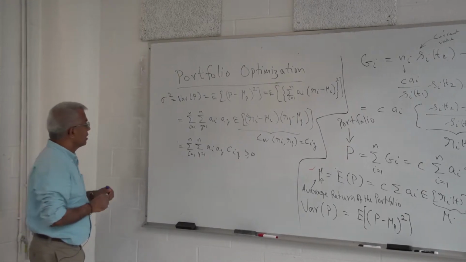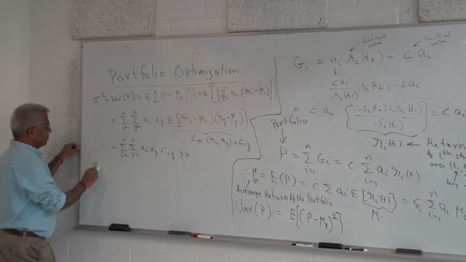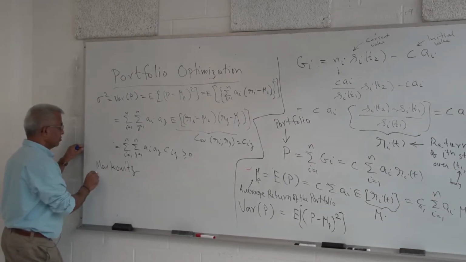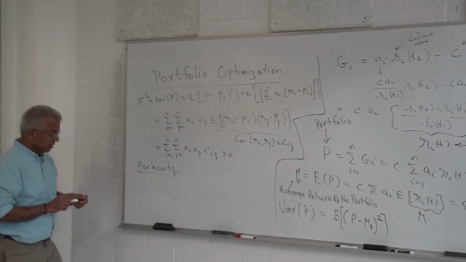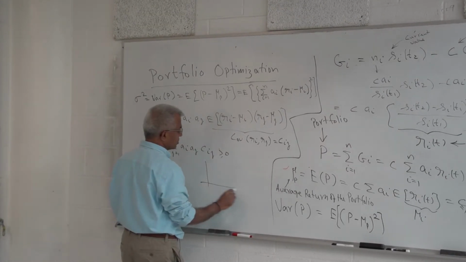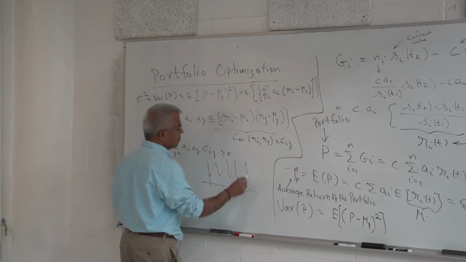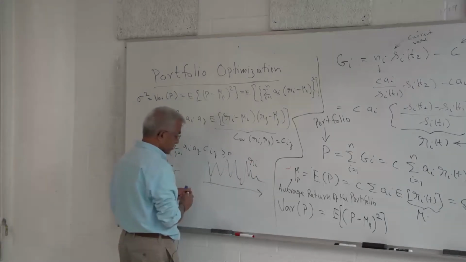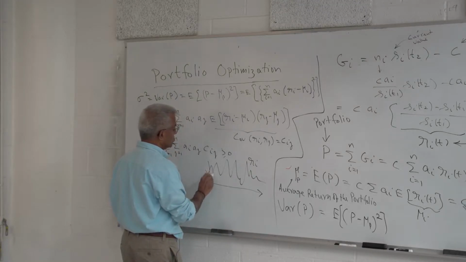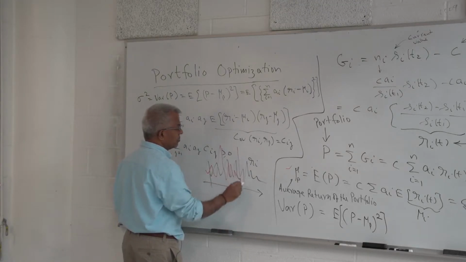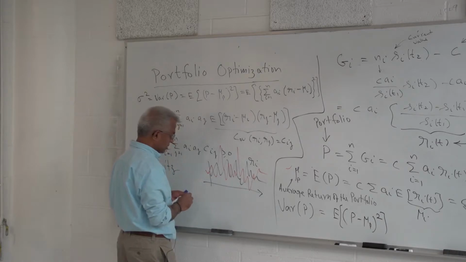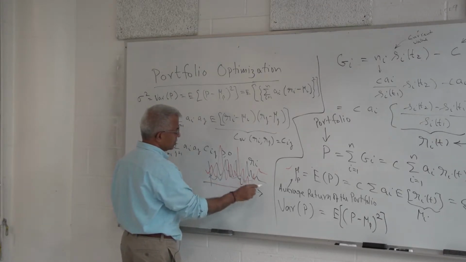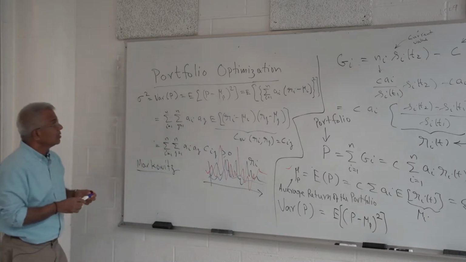And here is the idea due to Markowitz from the 60s, I believe. Once again, each stock may have a lot of volatility. So even if you plot various returns, the returns themselves may be high, but you also have a lot of variations.